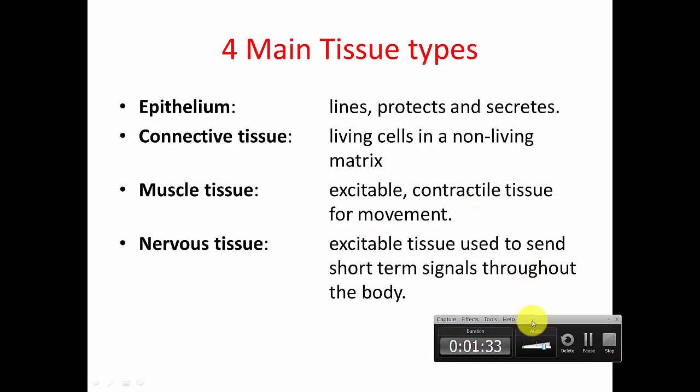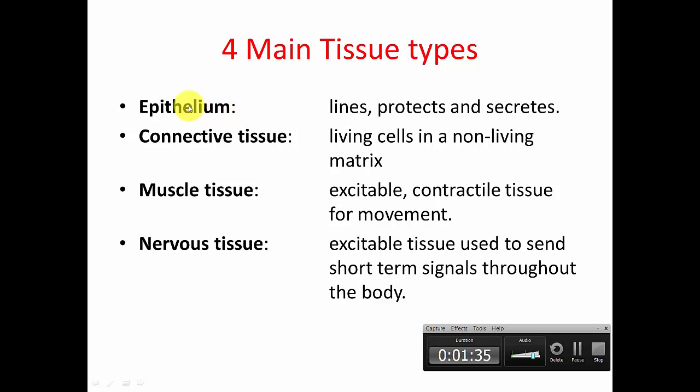If you need a little bit more details, then the epithelium lines, protects, and secretes. The connective tissue is living cells in non-living matrix. Muscle tissues are excitable, contractile tissues for movements, and nervous tissues are excitable tissues used to send short-term signals throughout the body.